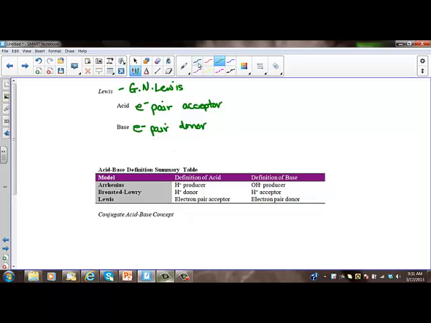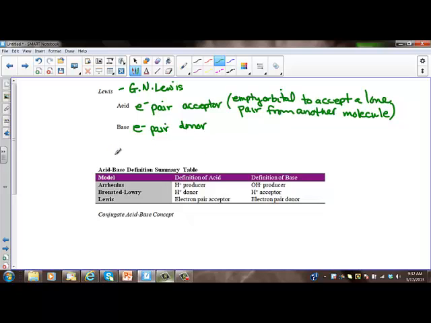The reason why an acid is an electron pair acceptor is because it has an empty orbital to accept a lone pair from another molecule. And the reason why a base is an electron pair donor is because it has a lone pair to donate. Very simple.